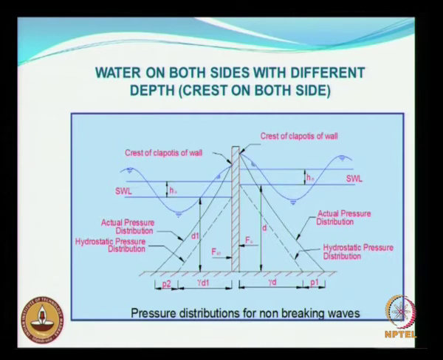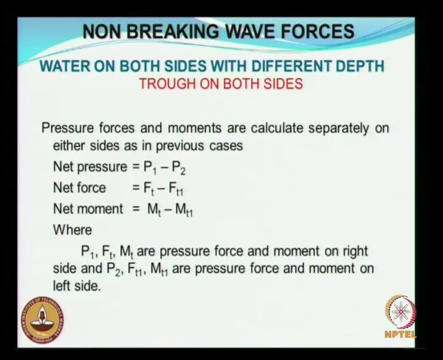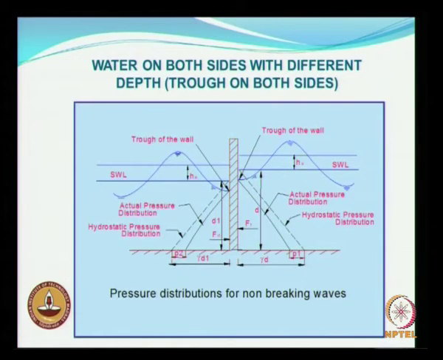You use the same procedures as we have seen in the case of crest, you would have a condition when a trough is hitting the wall on either side in different water depths. These pictures show the kind of pressure distribution you can anticipate when you have the wall with different water depths.